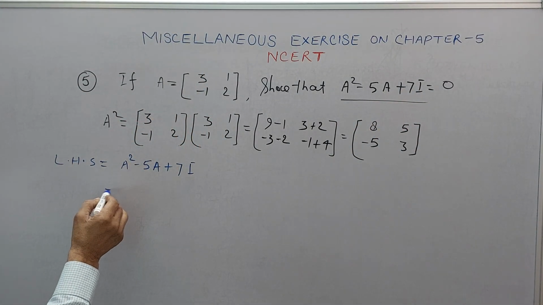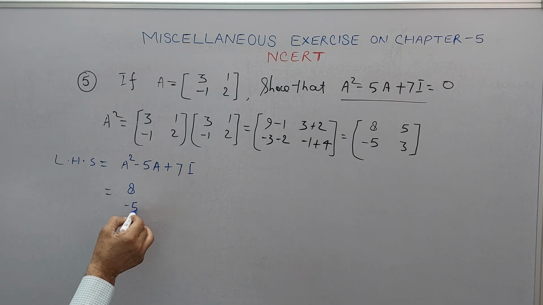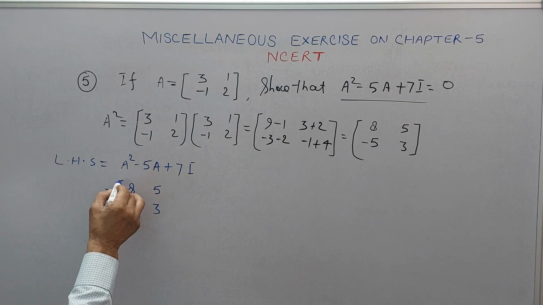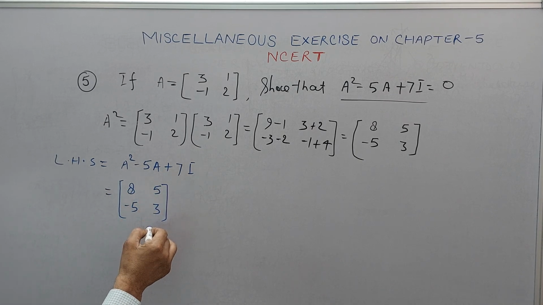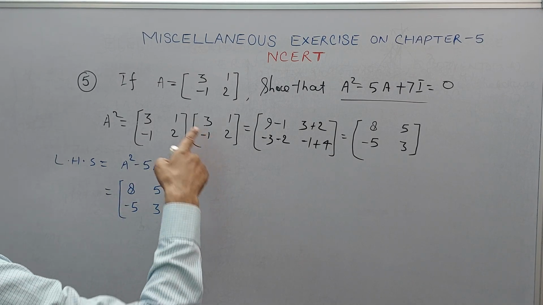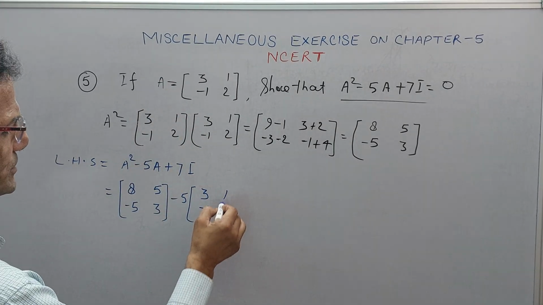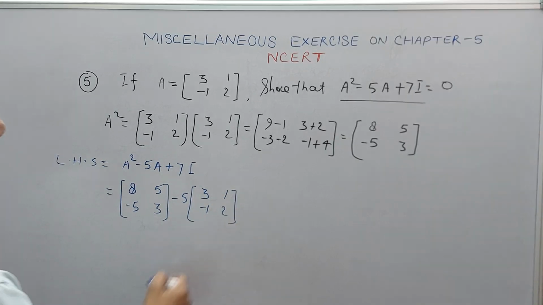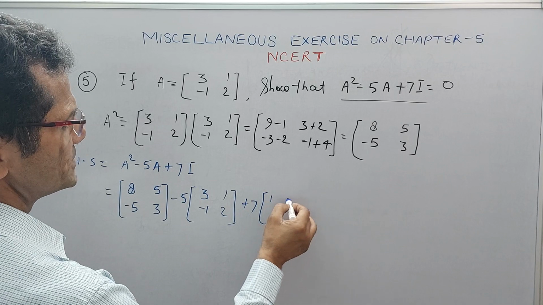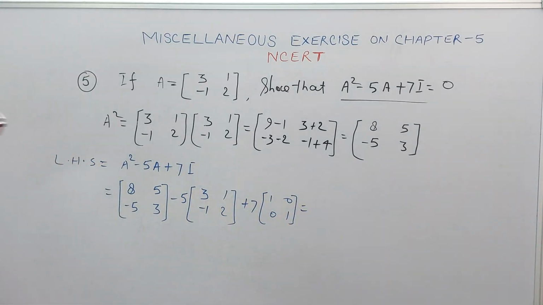If I put all values here, A square has this one, 8, minus 5, 5 and 3, and minus 5 into matrix A. Matrix A has the value 3, minus 1, 1 and 2, and plus 7I, 1, 0 and 0, 1. Now this value comes out.